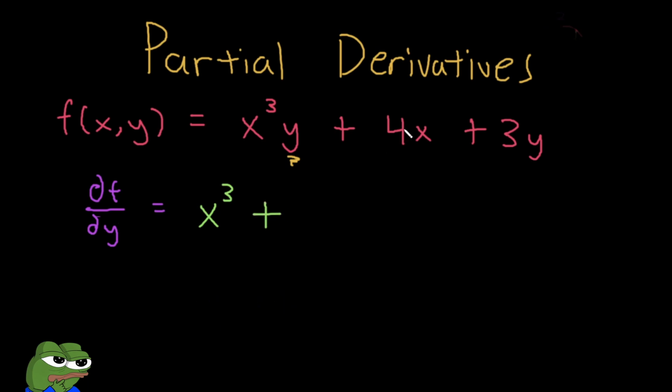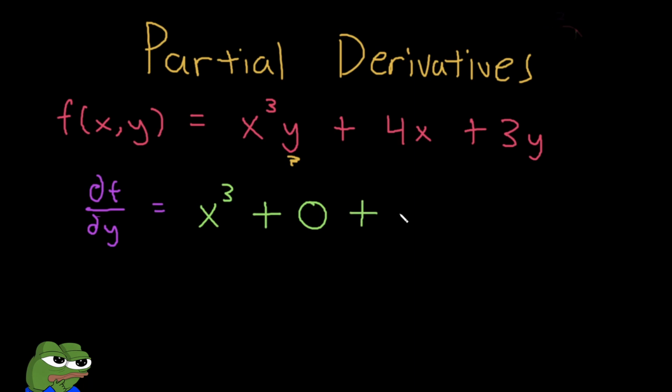Now we add this to the next term, 4x. What's the derivative of 4x? I'll give you a hint. It's either 4 or 0. In this case, it's actually 0 because x is kept constant when we take the partial derivative with respect to y. And finally, we have plus 3y.